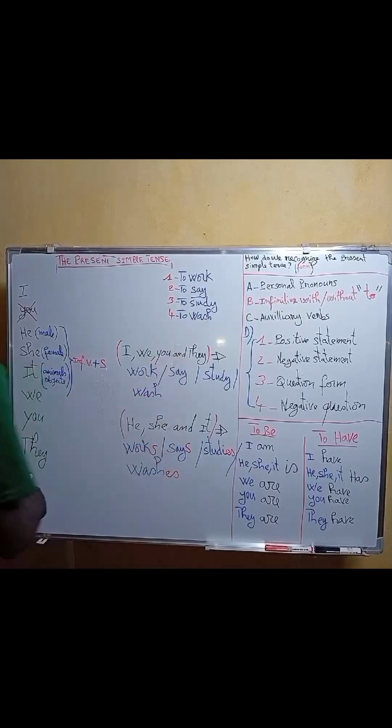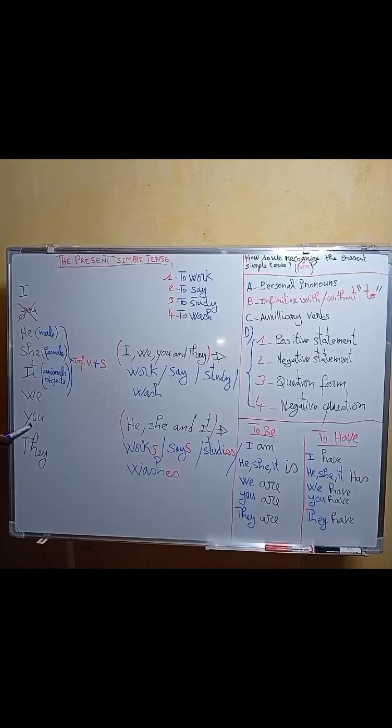Let's take the 6 personal pronouns. In English, we have 3 personal pronouns in the singular and 3 personal pronouns in the plural. I, you, he, she, and it are singular.